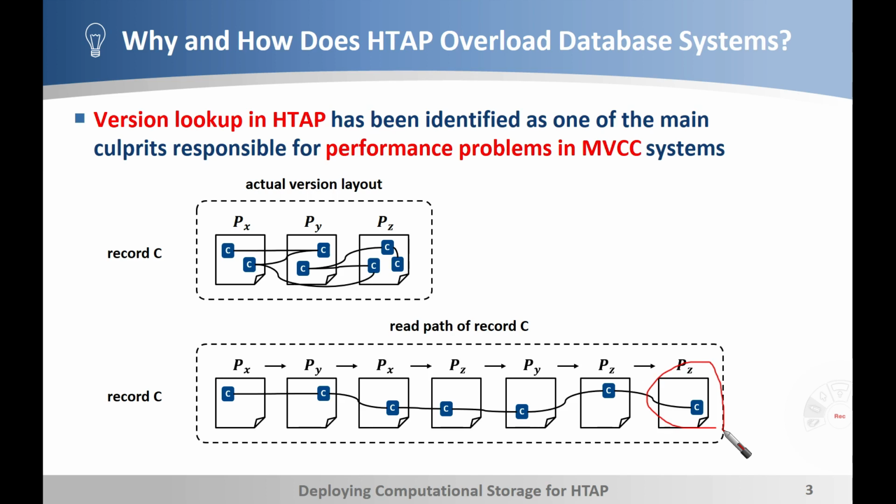To look it up, the traversal starting from PG is initiated, goes through the prior versions, and finally reaches its visible version in PX. As we can see, this causes redundant random reads to PX, PY, and PG.